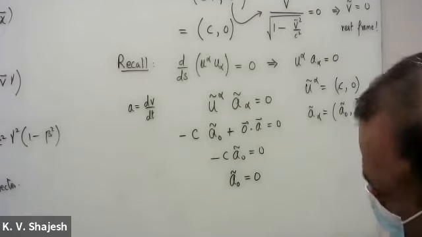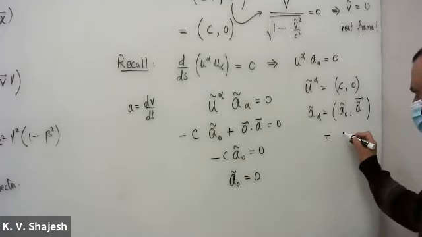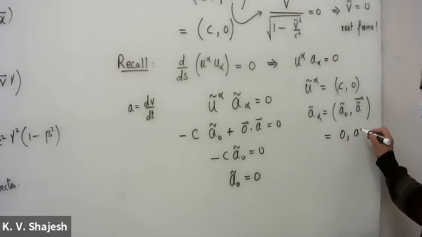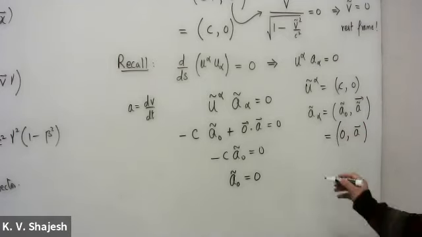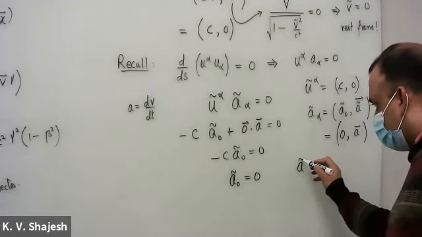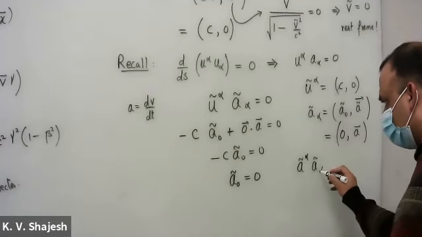In this particular frame, I know that this is equal to vector A. But what can I say about the magnitude of a alpha now? If it is calculated in one frame, it remains the same.